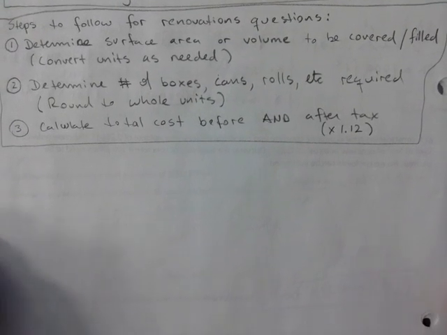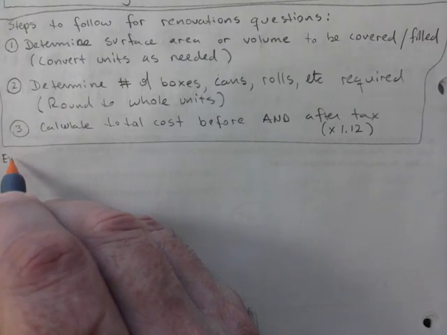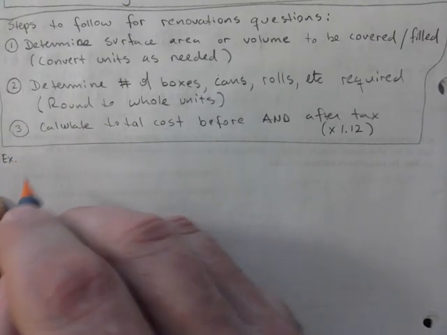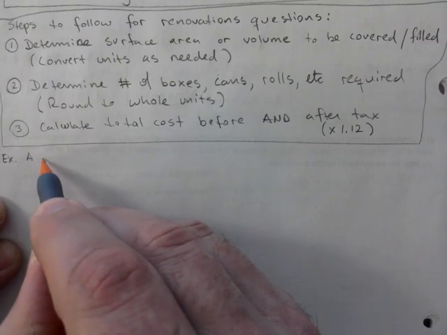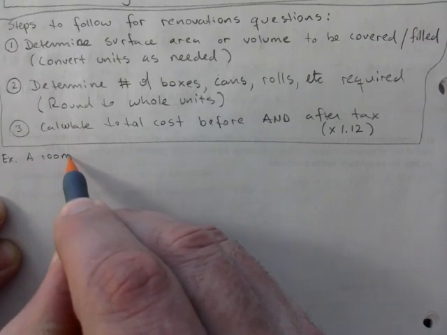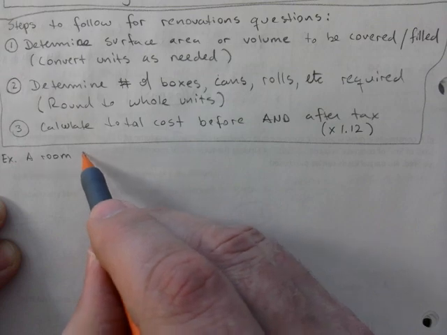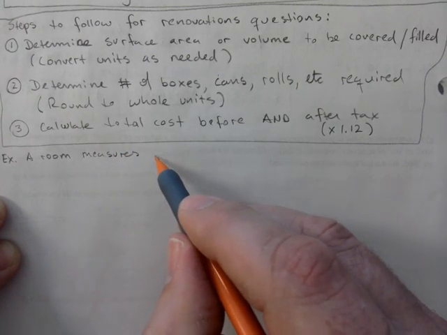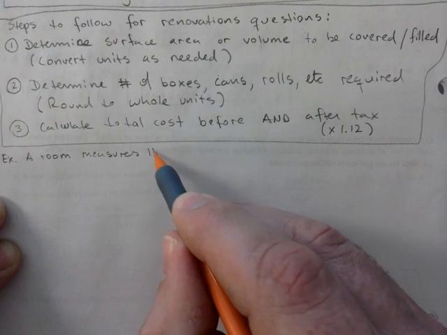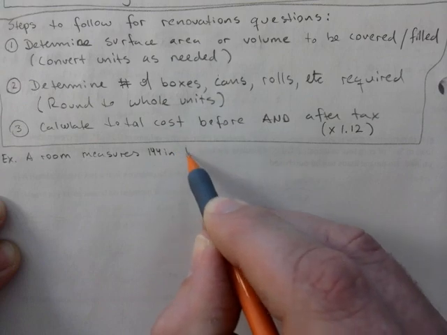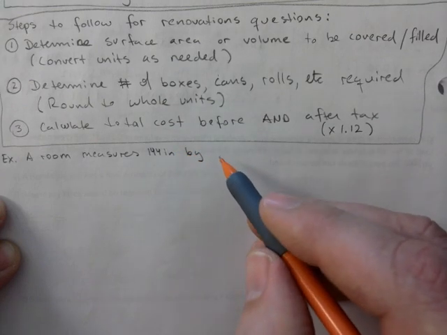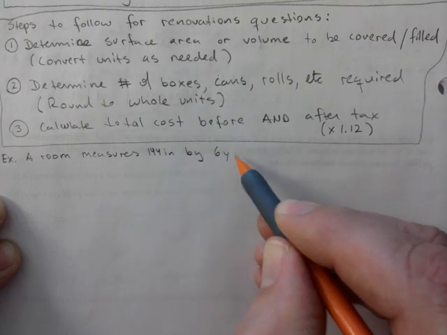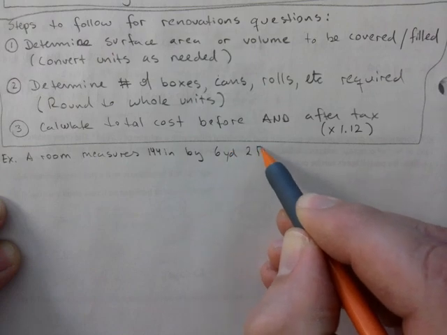So here is the first example. A room measures 144 inches by 6 yards, 2 feet.